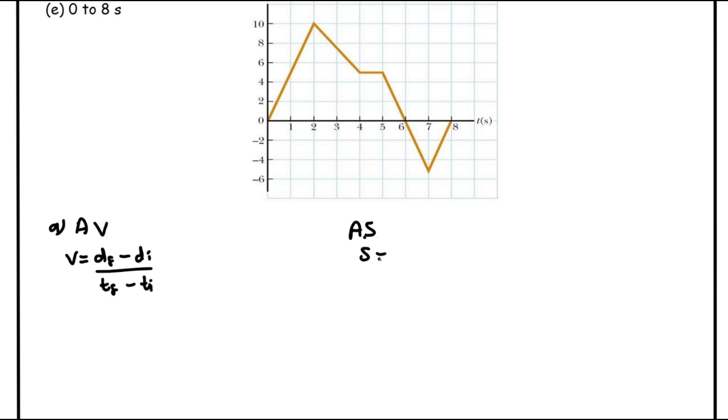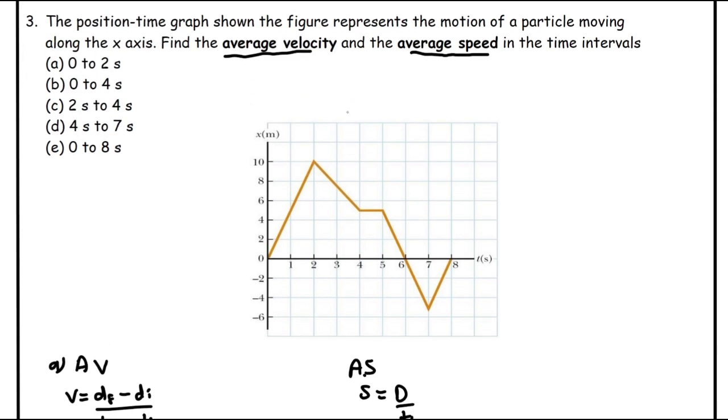Now for speed it will be the same: distance over the total time taken. If we are moving between 4 to 7 seconds, the total time taken is 3, which can be gotten by 7 minus 4. Because it's a time interval, we say 7 minus 4 to get 3.